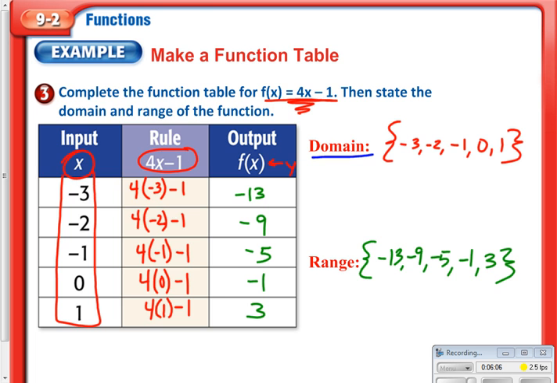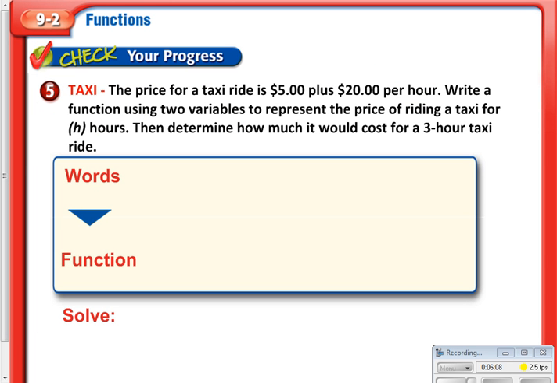Same type of example here in example number 5. Example 5 says taxi: the price for a taxi ride is $5 plus $20 per hour. Write a function using two variables to represent the price of riding a taxi for H hours.